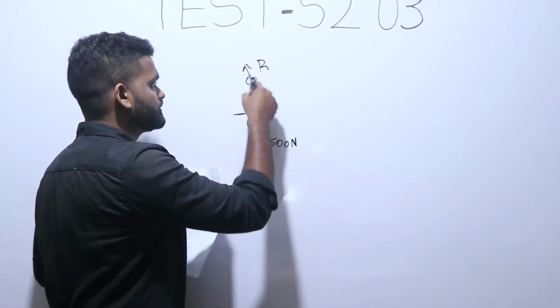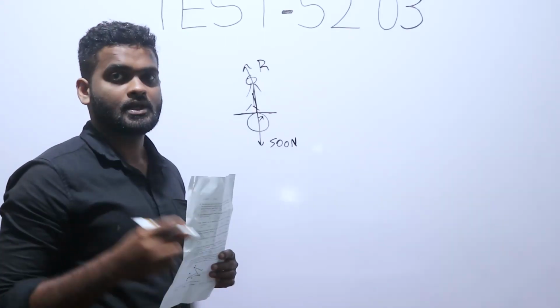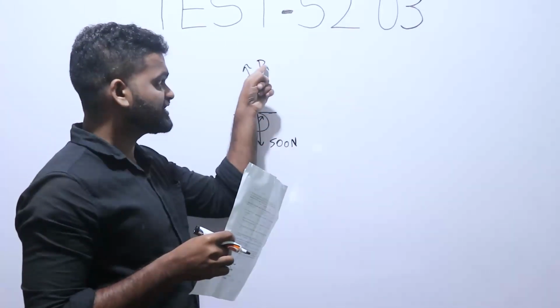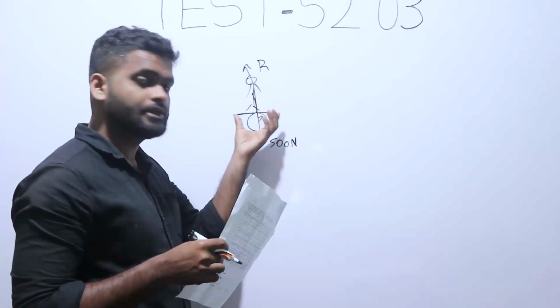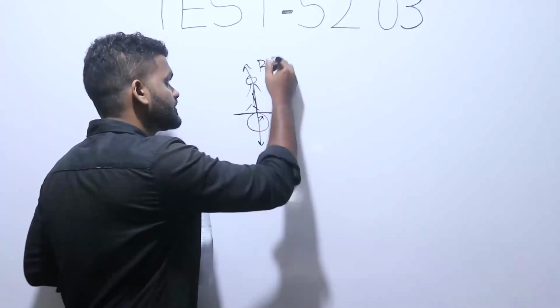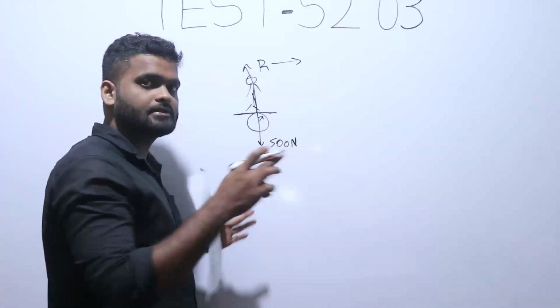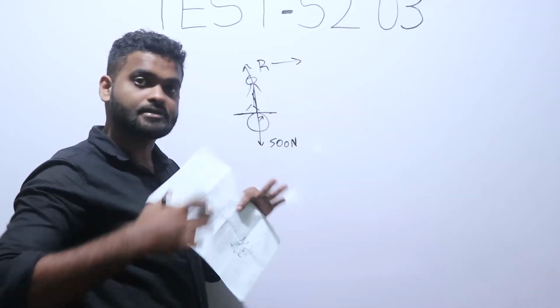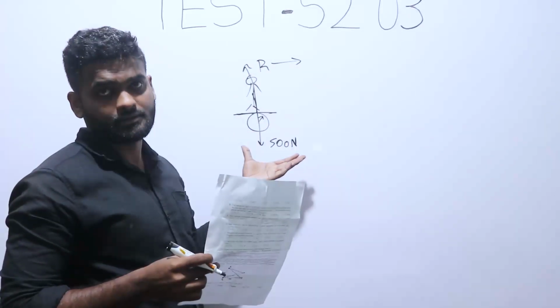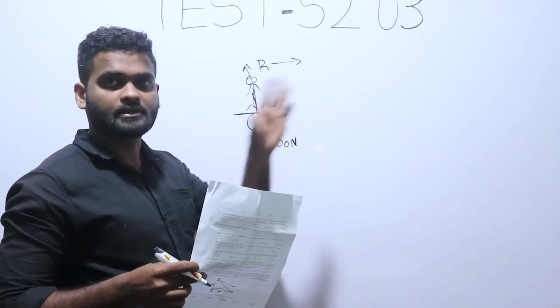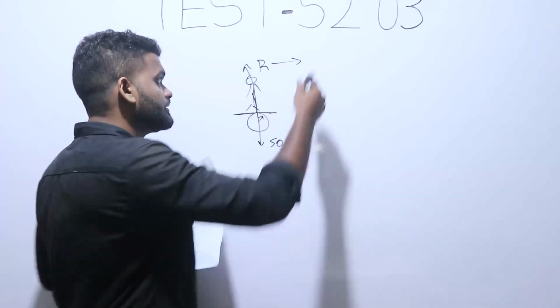Then there's a reaction force capital R. You should know that this reaction force capital R is what becomes the reading of the scale. Just remember like that, under any circumstance, this capital R is the reading of the scale, regardless of the situation.